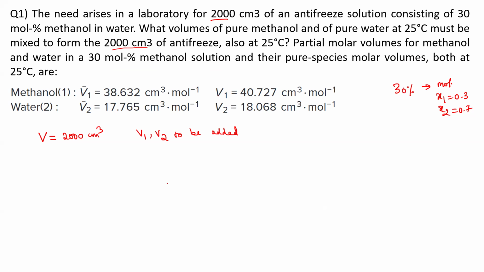So what we have now are V1 bar and V2 bar, right? We don't know completely how many moles of species are there. So firstly, I have a relation that V is equal to X1 V1 bar plus X2 V2 bar.